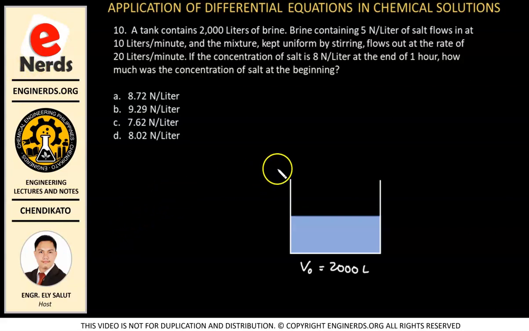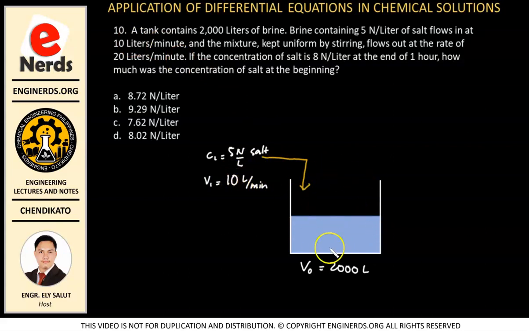So there is brine entering our tank. We are told that the concentration of this brine is 5 newtons per liter of salt, and it flows in with a volumetric flow rate of 10 liters per minute.